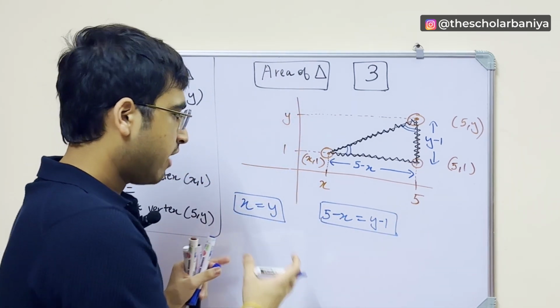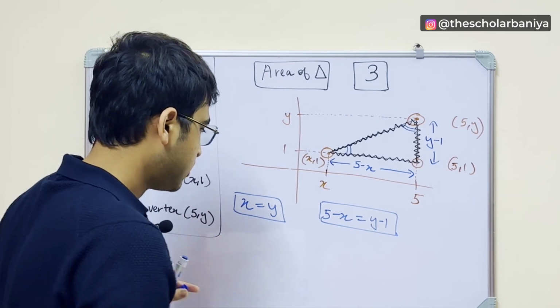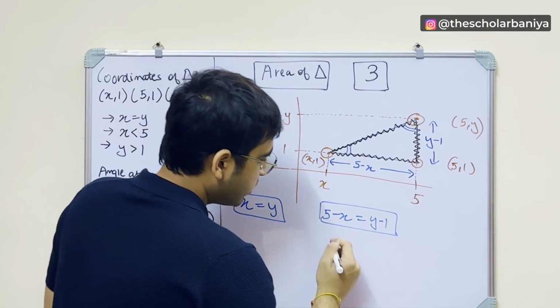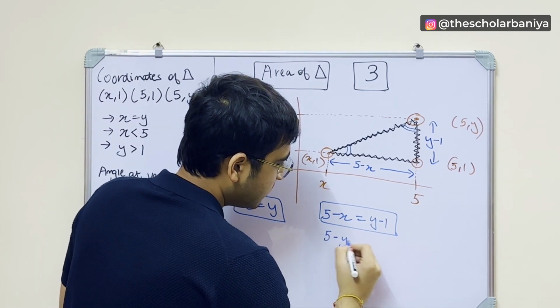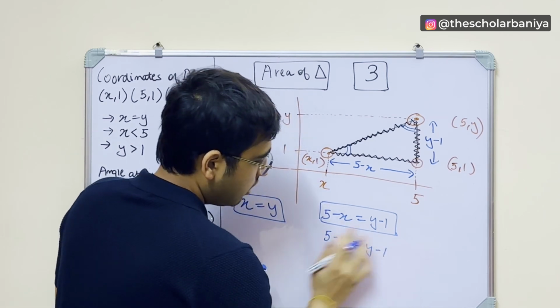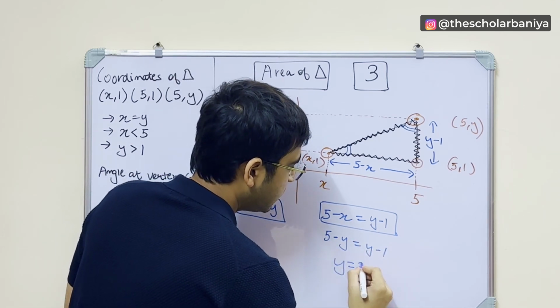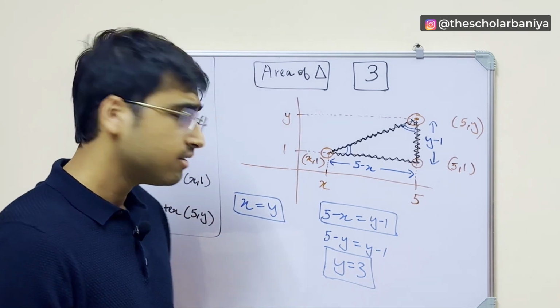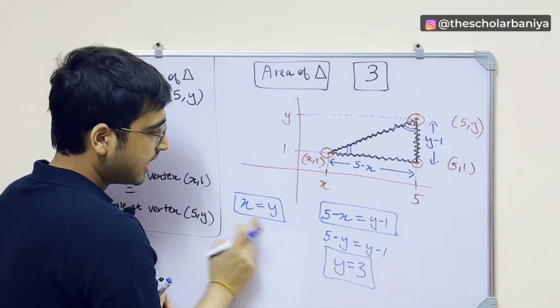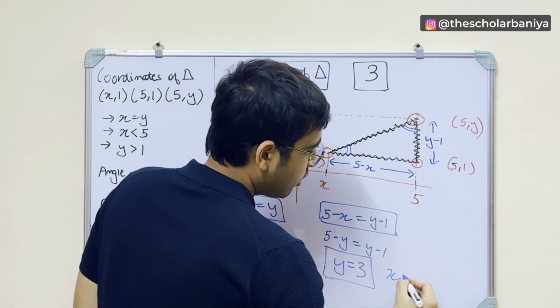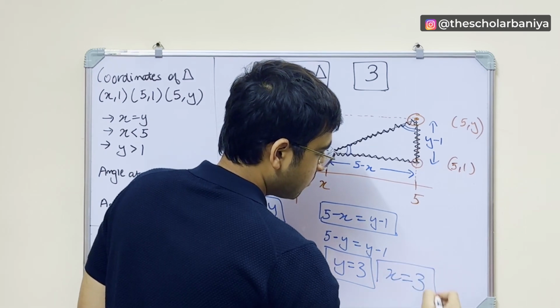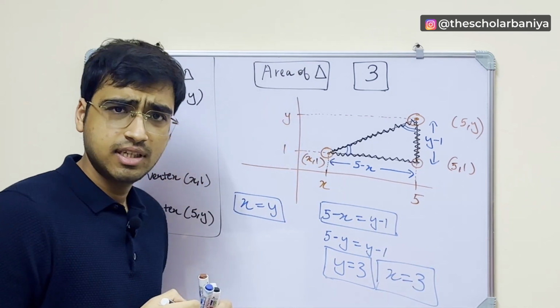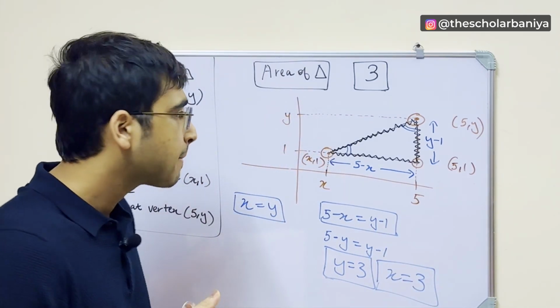So now we have got two equations. So let's solve it. If we put x equals y, so 5 minus y is equal to y minus 1, 2y is 6. So y comes out to be 3, right? And if y is 3, x equals y, so x will also be 3. I hope this is completely fine, right?